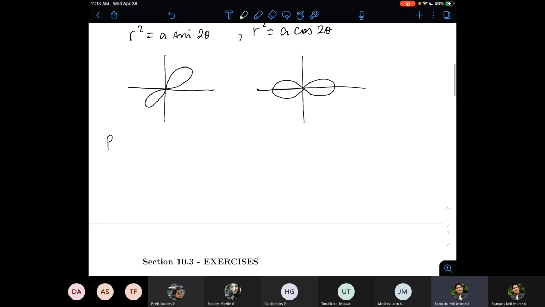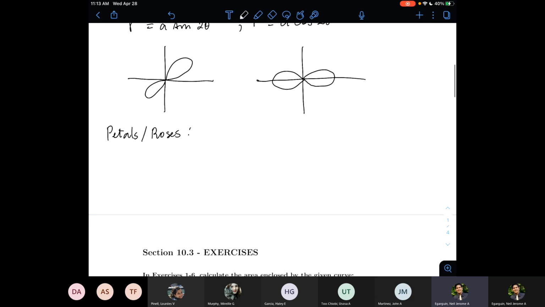And then I guess the last type would be petals or roses. I look at the textbook and it seems they call it petals, but I used to call them roses. They have the equation of the form r equals a sine n theta, or r equals a cosine n theta, right? Where the value of n determines how many petals the rose will have.